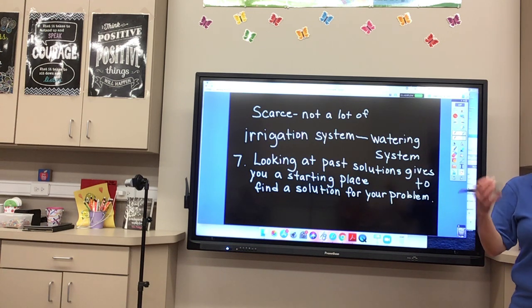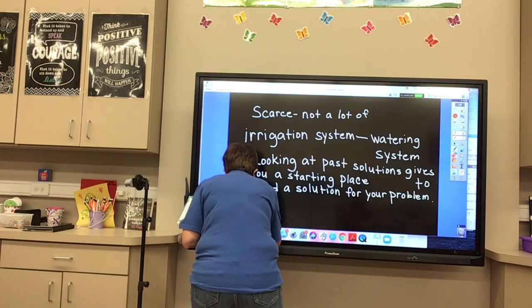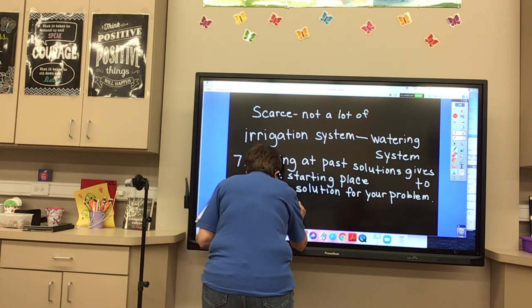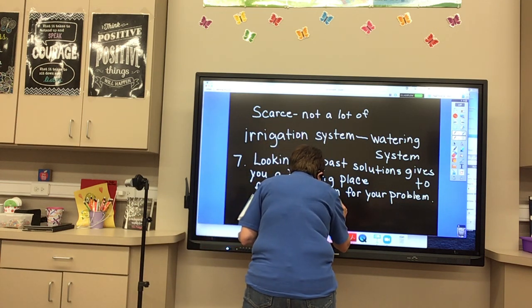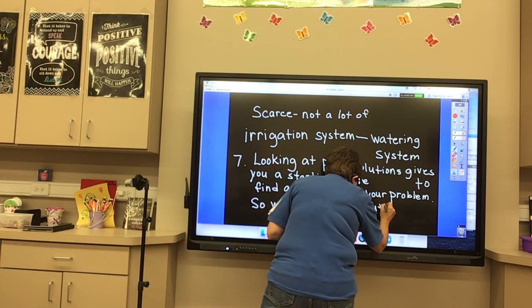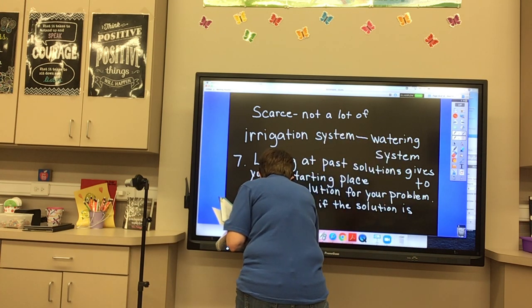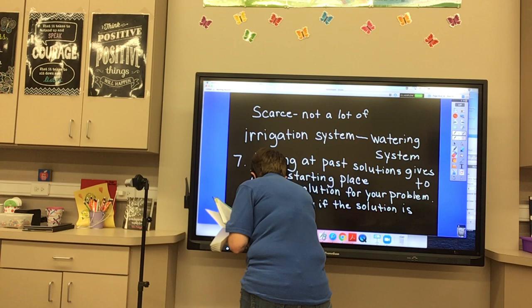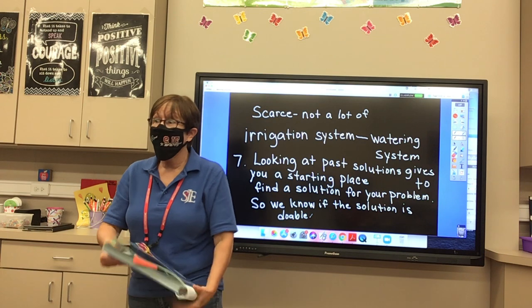So we know if the solution is doable. Once you've written that, boys and girls, you can put your science book away and line up for recess.